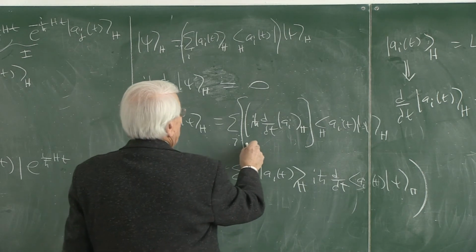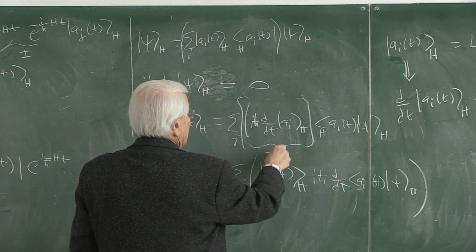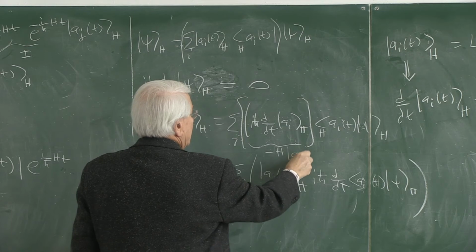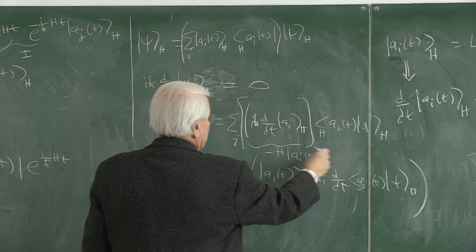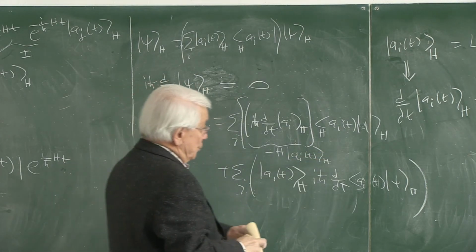Notice that this first term gives you what? This first term gives you minus h on AI of t, h. And this gives you, from here, what?